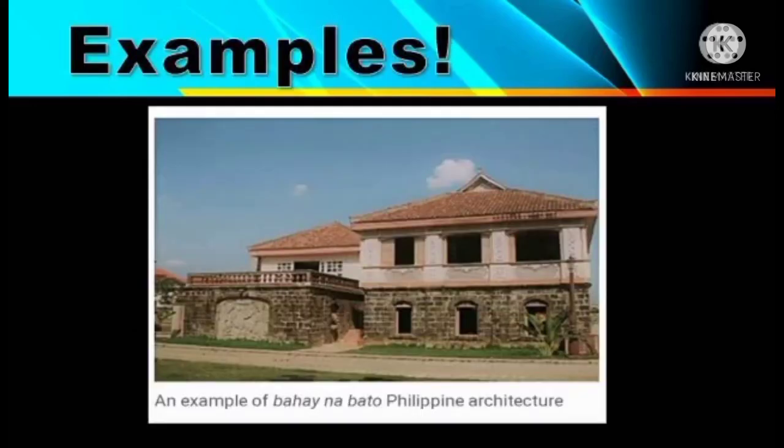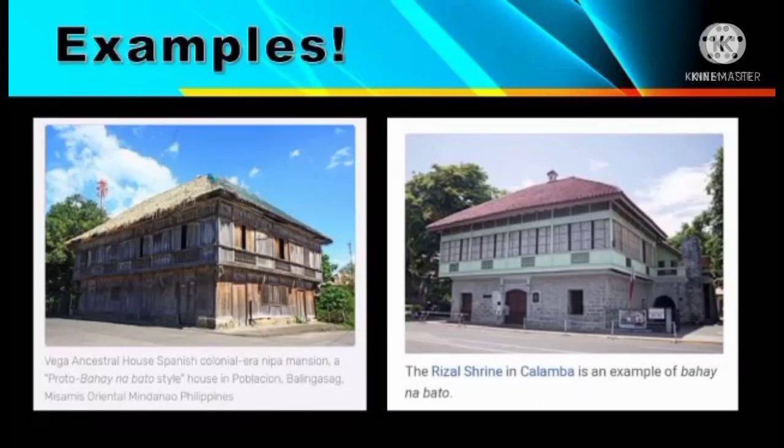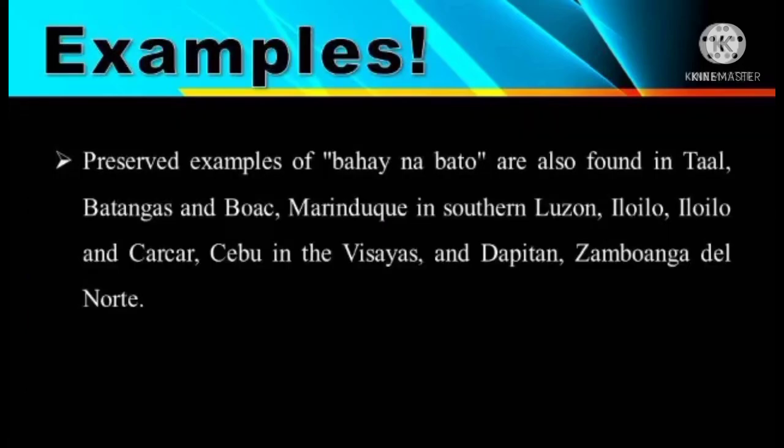So, here are examples of bahay na bato in Philippine architecture. Other preserved examples of bahay na bato are also found in Taal, Batangas and Bulacan, Marinduque in southern Luzon, Iloilo and Carcar, Cebu in the Visayas, and Dapitan, Zamboanga del Norte.